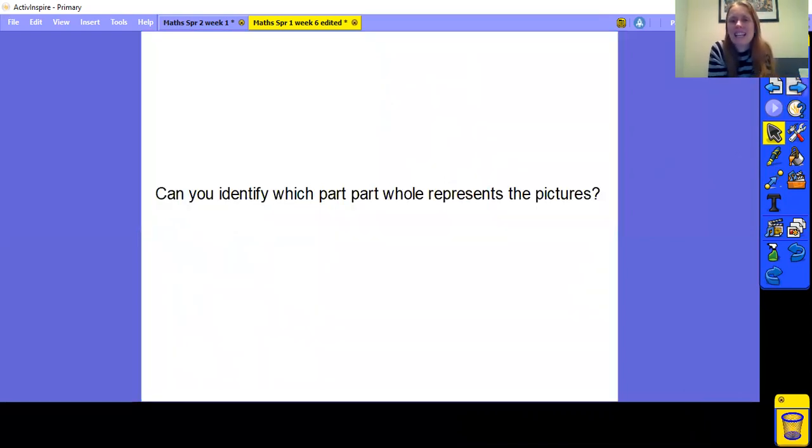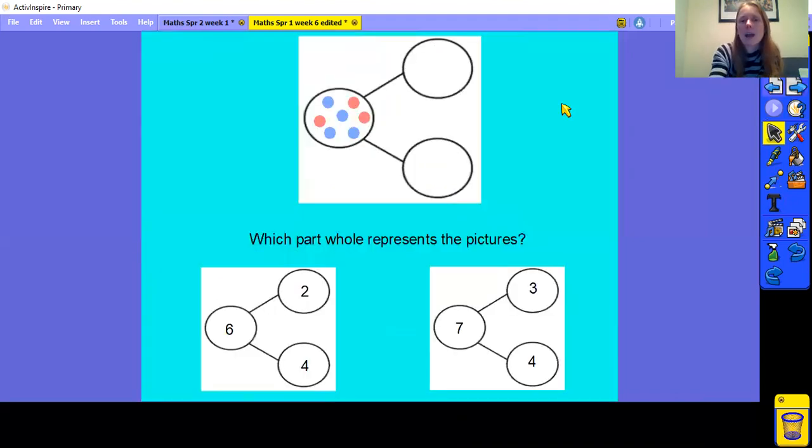Okay, this is a little bit of a challenge. Can you identify which part whole represents the pictures? So we're looking at this part whole, and I'm going to talk a little bit about it. While I'm talking about it, I want you to look at these pictures at the bottom and work out which one is representing the spots in the top part whole.